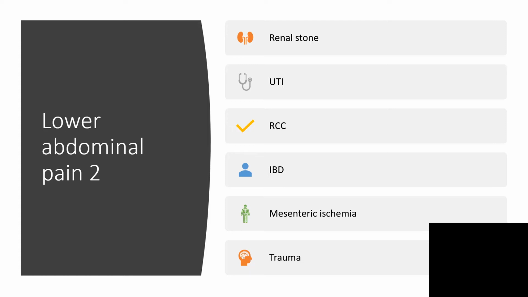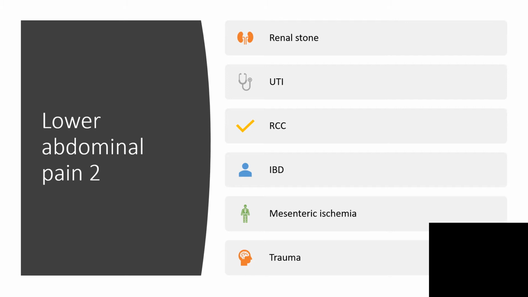Could be renal stone, could be urinary tract infection, with burning urine, fever, urinating more frequently. Could be renal cell carcinoma when the individual is losing weight, with blood in urine. Could be inflammatory bowel disease like Crohn's or ulcerative colitis.